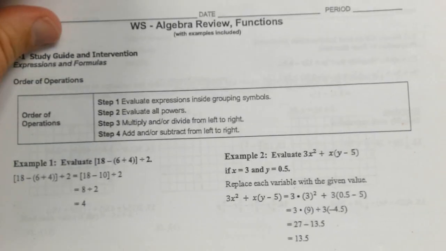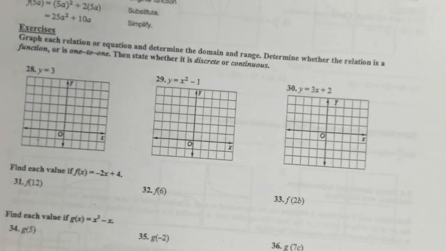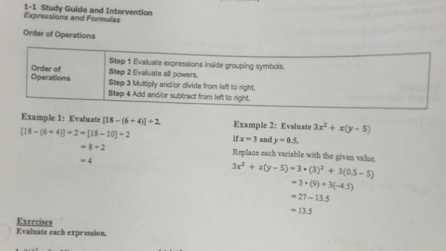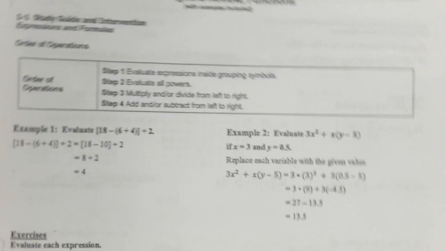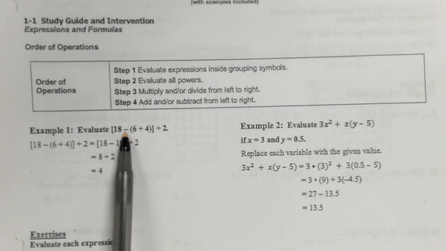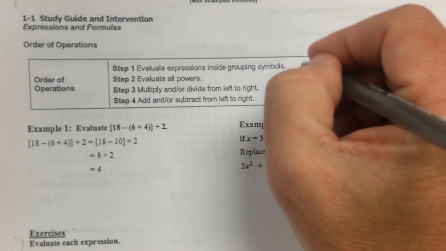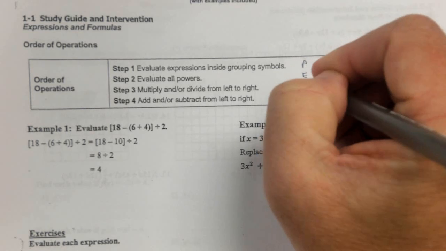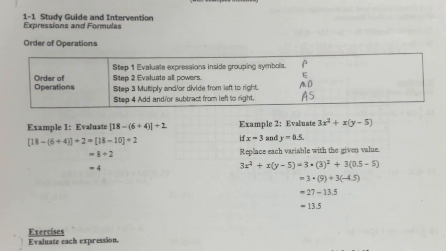Okay, now you're ready to finish this worksheet. Is it 2 pages front and back, or a page and a half? Nope, it's 2 pages. Most of it's pretty simple, though. There's even some, I hate using the word PEMDAS because I don't like phrasing it that way.